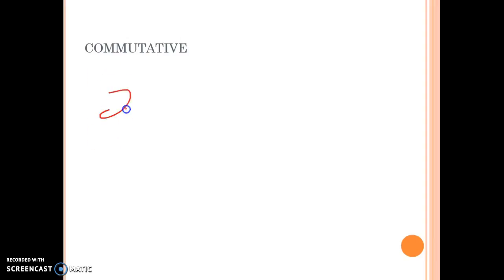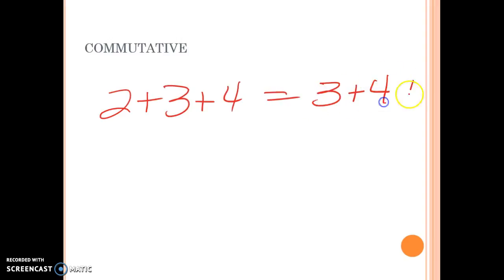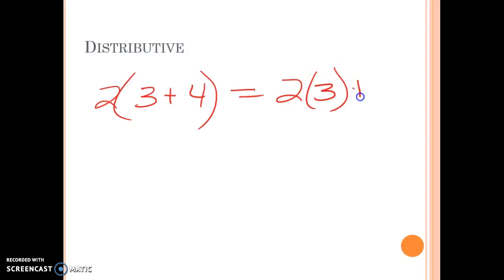That would be when something moves around in its community. Notice here that everybody has changed places. That is a dead giveaway. It's the commutative property. The distributive property is when grandma comes to visit and she gives a present to each grandkid. You're distributing the 2 to both members of the parentheses.